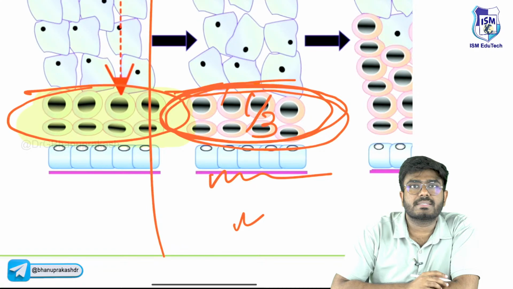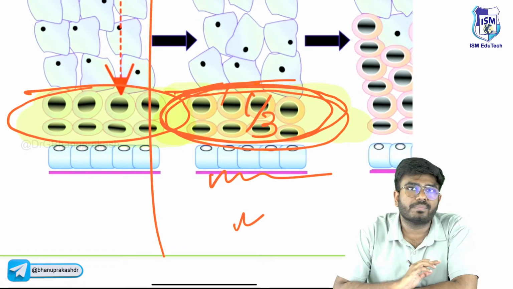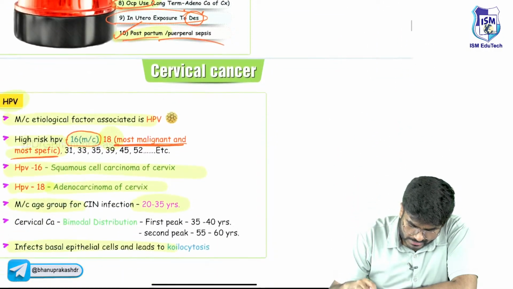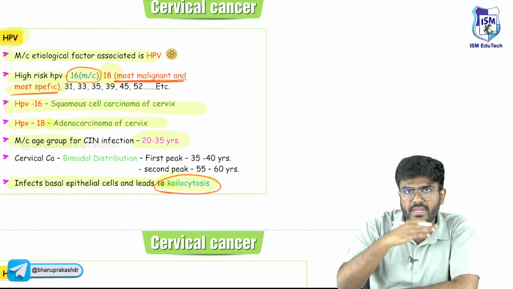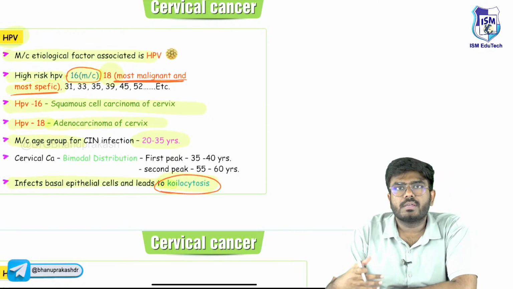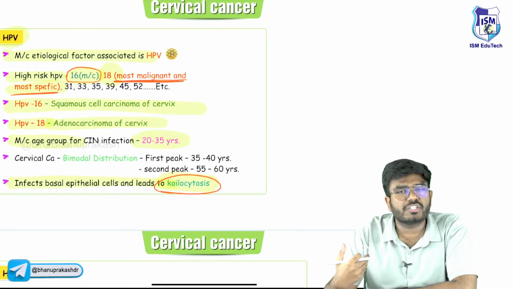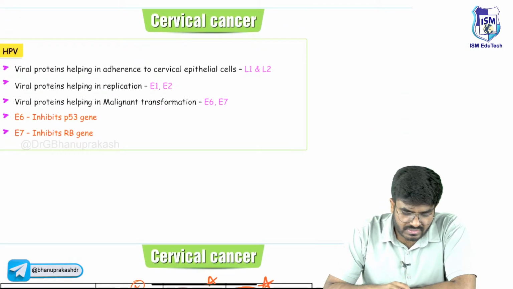The basal cells are the first to be affected. Once the cells are affected, they are called koilocytes, and many such cells are called koilocytosis. The cells which became dysplastic because of HPV infection are called koilocytes.